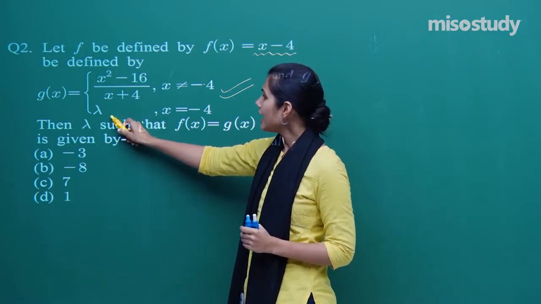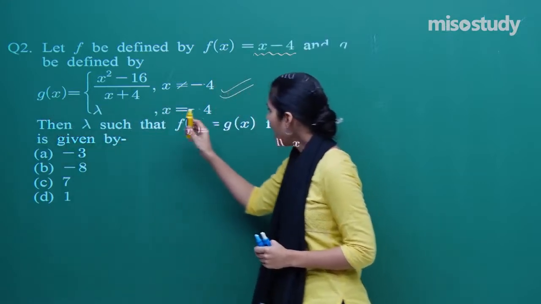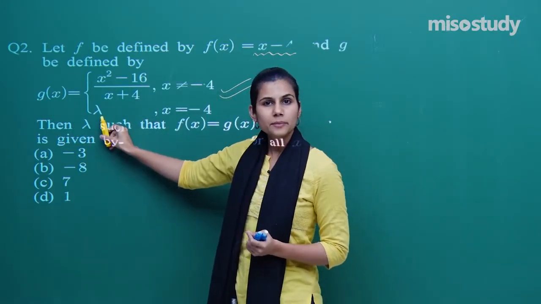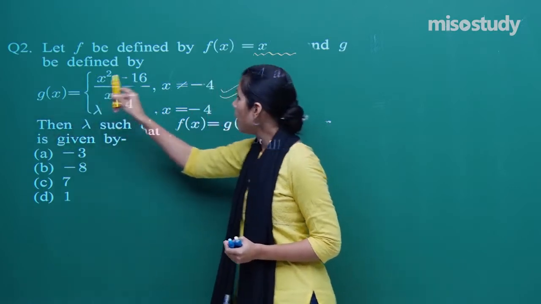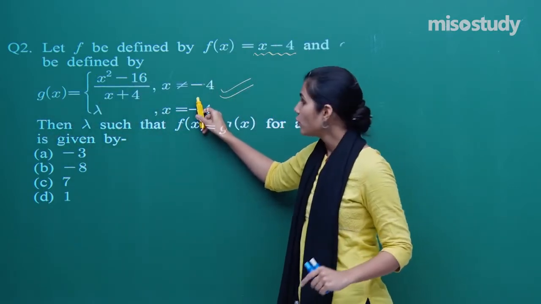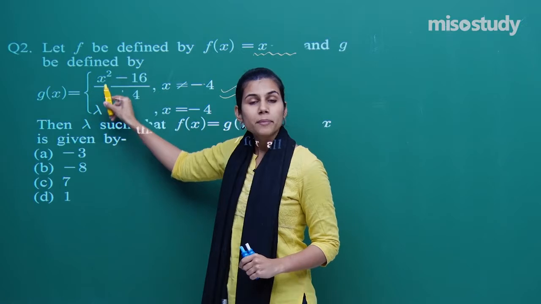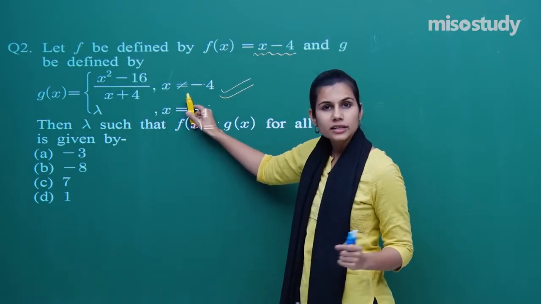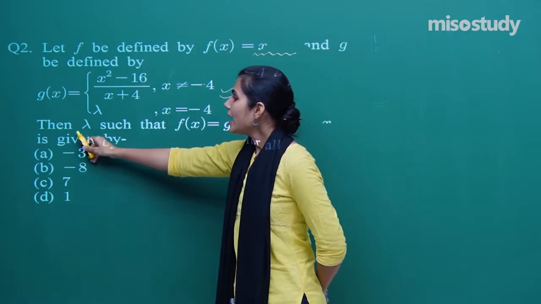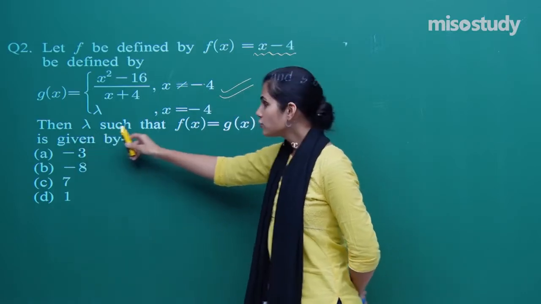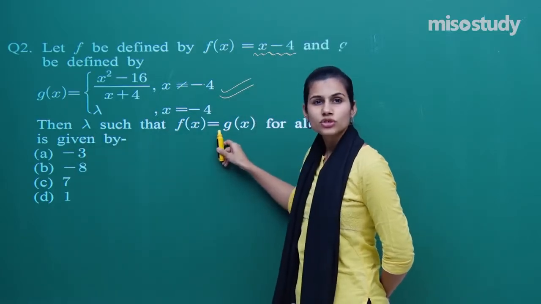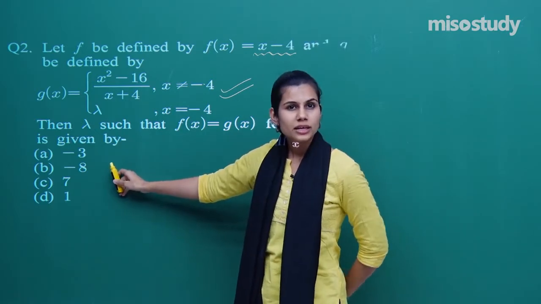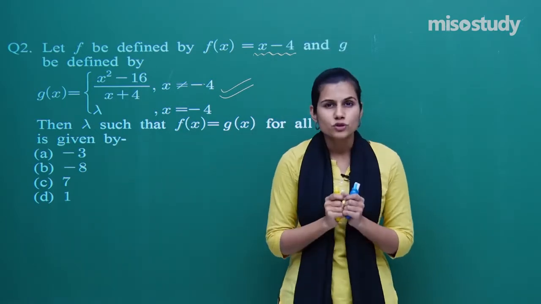It is saying that g function at the point minus 4 is attaining the value lambda, and g at points not equal to minus 4 is attaining a value given by this expression. And then when f and g are given in this way, it is saying find lambda such that fx is equal to gx for all x. That is what I am supposed to find.